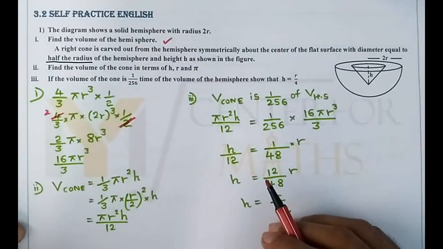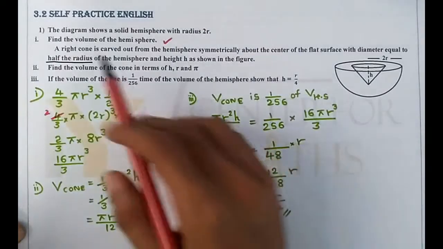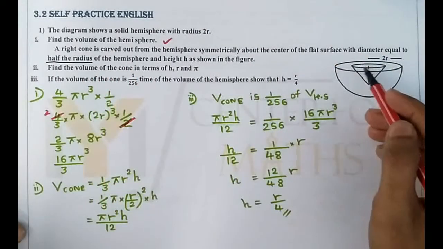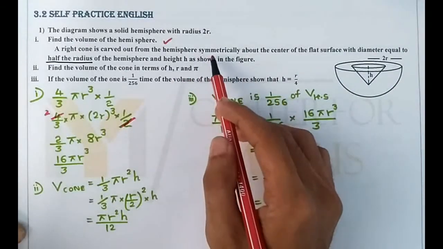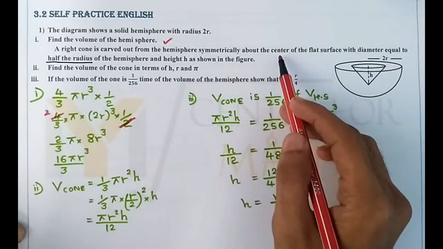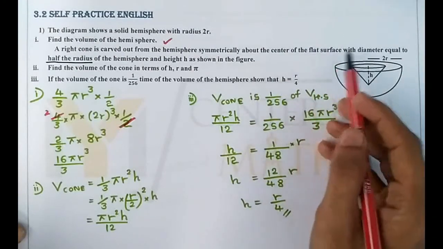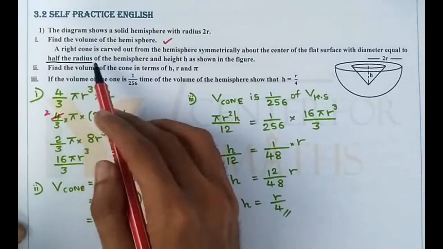And they have given another small statement, we'll read that. A right cone is carved out from the hemisphere symmetrically about the center of the flat surface with diameter equal to half the radius.